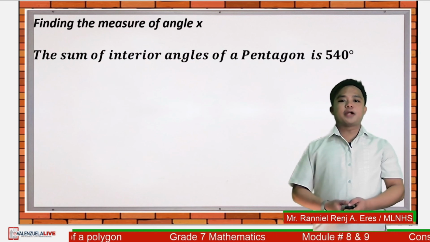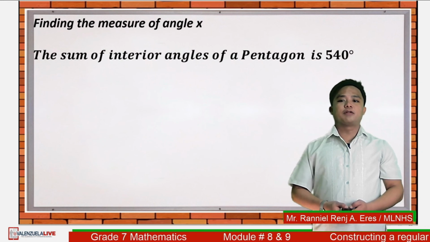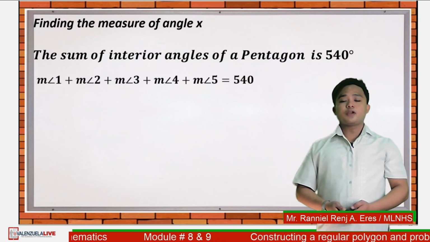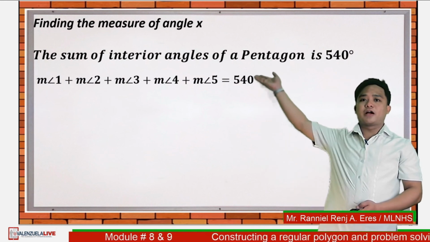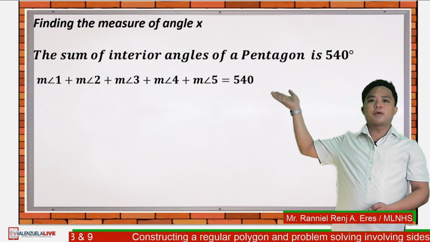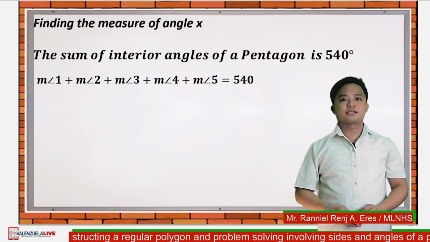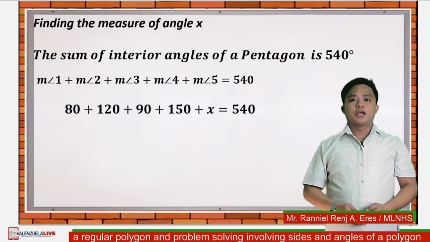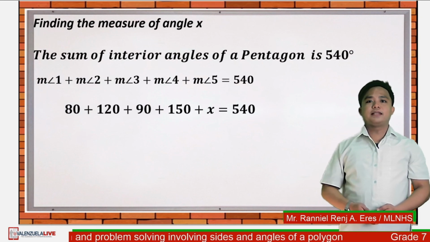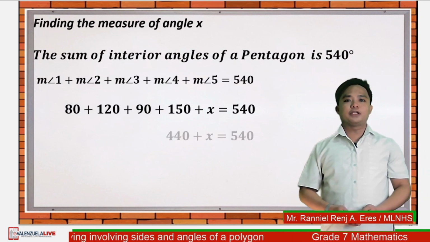Since the sum of interior angles is 540 degrees and the other 4 angles have already the values, let us equate it. So we have measure of angle 1 plus measure of angle 2 plus measure of angle 3 plus measure of angle 4 plus measure of angle 5 is equal to 540 degrees. So if we will add that, we have 80 plus 120 plus 90 plus 150 plus x is equal to 540.